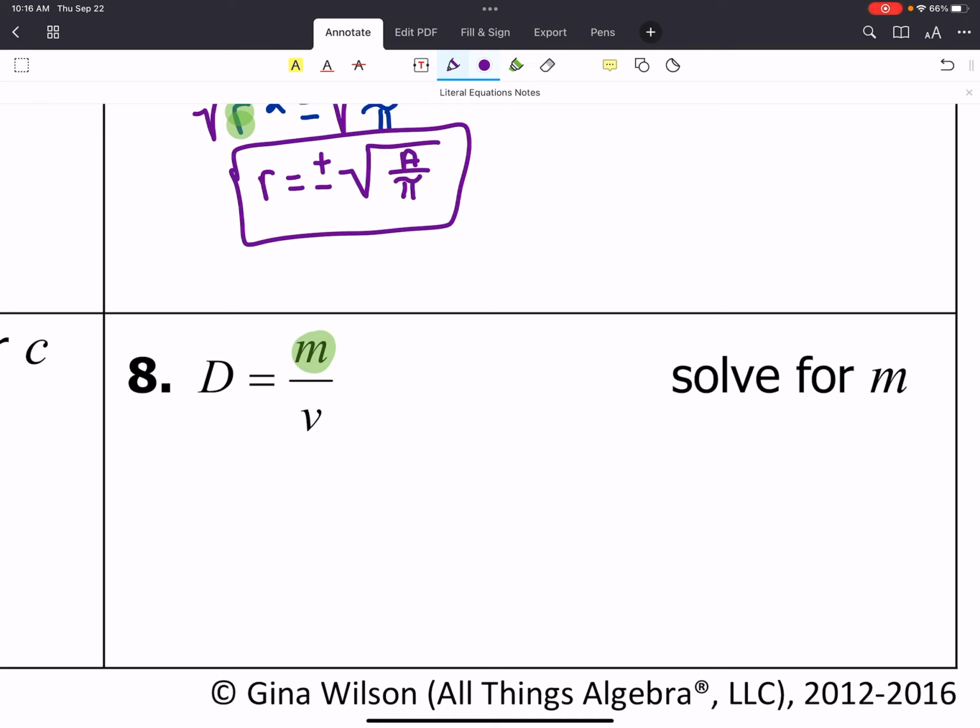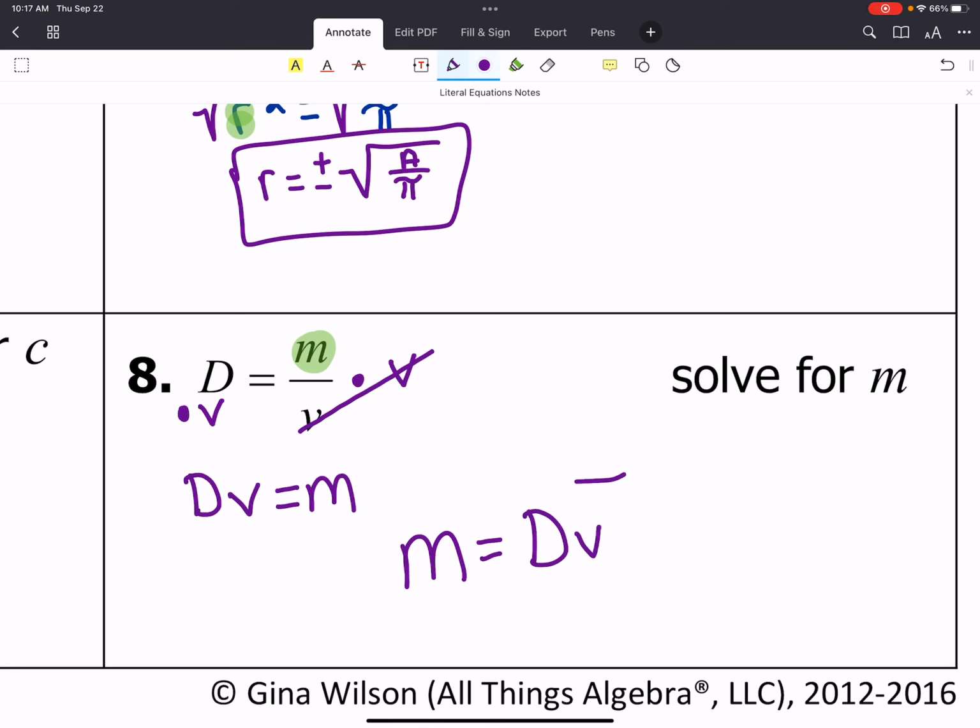All right, so M divided by V, the inverse of division, is multiplication. So I'm going to multiply both sides times V. And we know that the numerator of one fraction and the denominator of the other fraction cancels, and I'm just left with M equals D times V, written as DV. But I like my variable on the left side, so M equals DV.